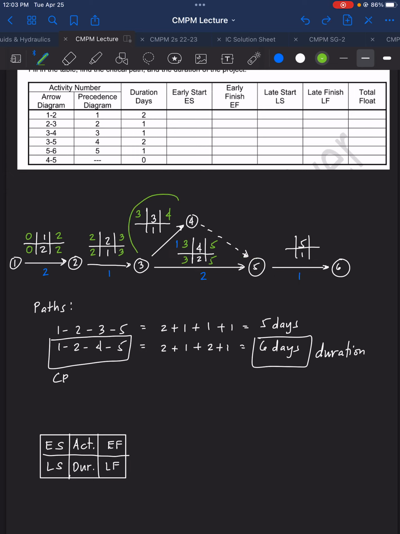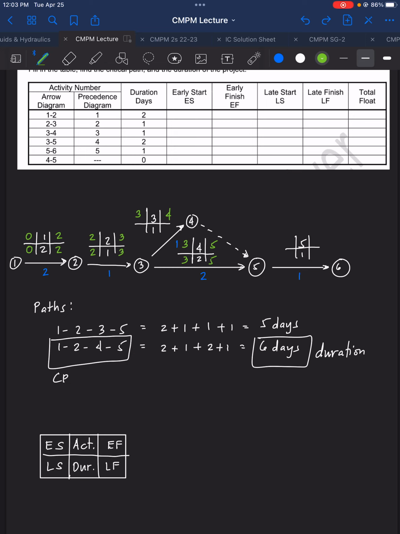And you can move activity 3 in this part here, in the dummy activity, because activity 4 has 2 days and activity 3 has 1 day. So, if activity 3 is moved here, the late start then becomes what? So, how do you now determine the late start?